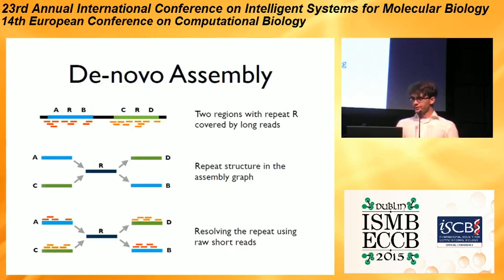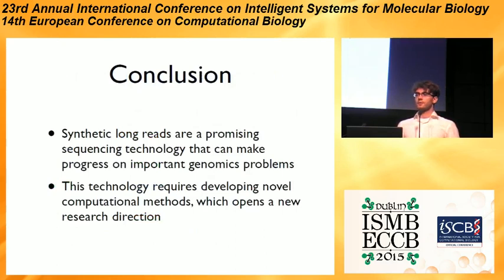So this is the third and final application that I wanted to discuss, and I would like to conclude with two quick takeaways from this presentation. The first is that there are these new technologies that have been introduced recently, and they may have certain shortcomings, but overall they promise to make significant progress on some important problems in genomics.